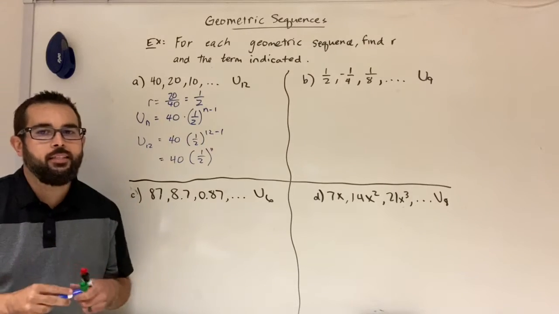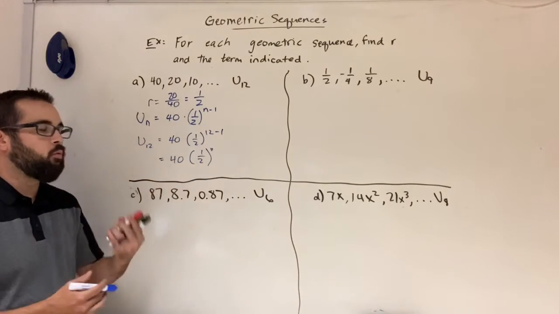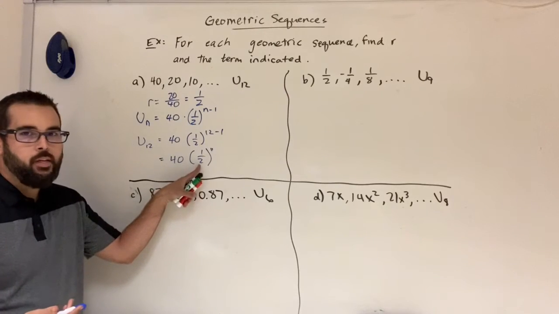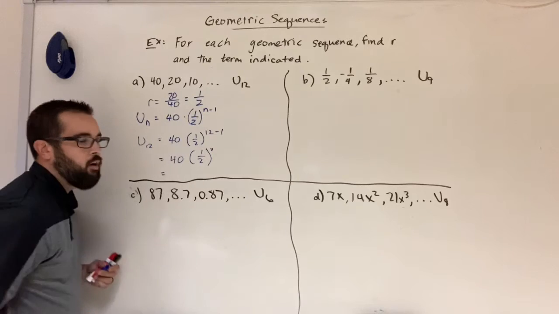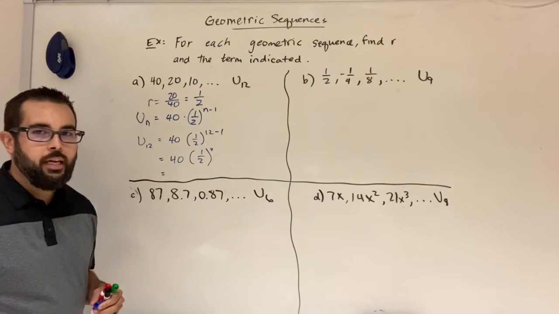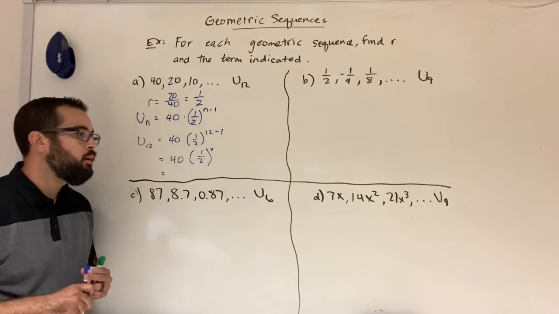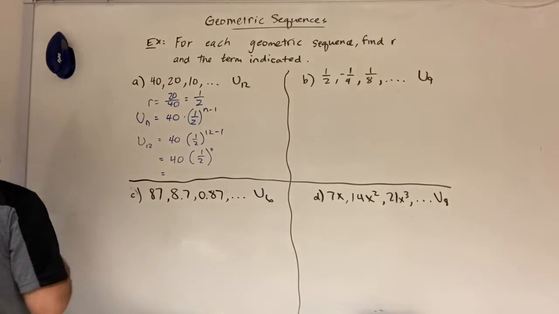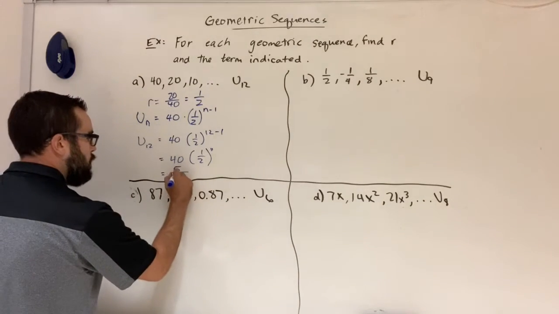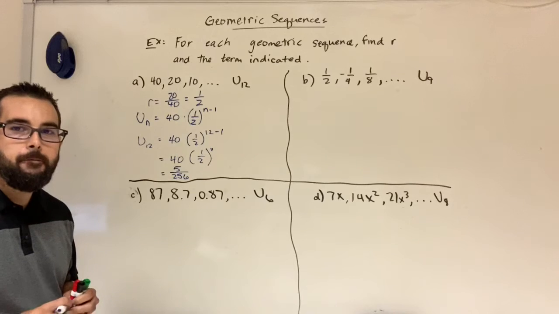Now, I would say that this is a calculator problem because (1/2) to the 11th power is going to be 1 over a pretty large number, and then you're going to have to multiply 40 and reduce. So I'm going to say you can do that in the calculator. If you don't know how to do that in a calculator, I'll show you in person. But I got 5 over 256 as my answer there.